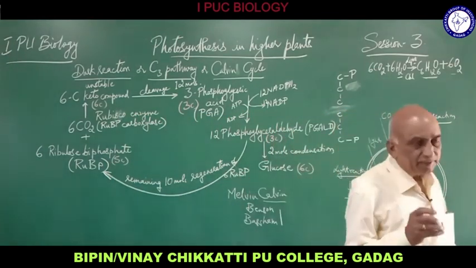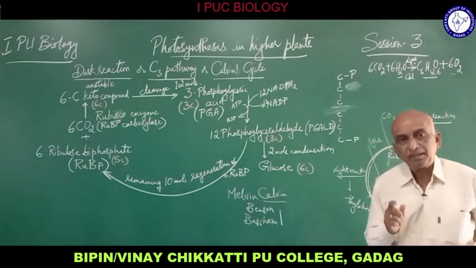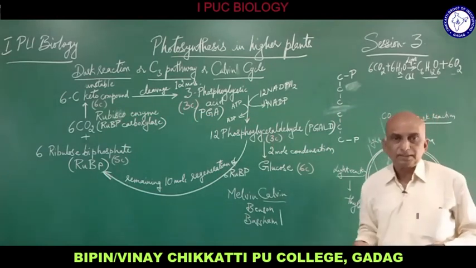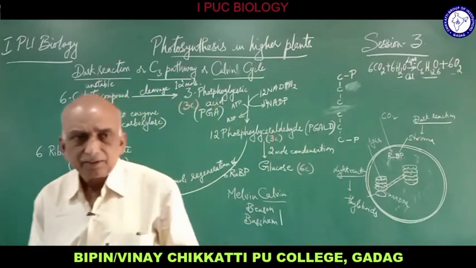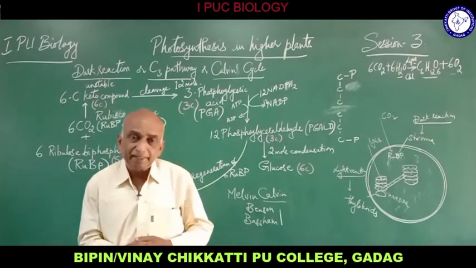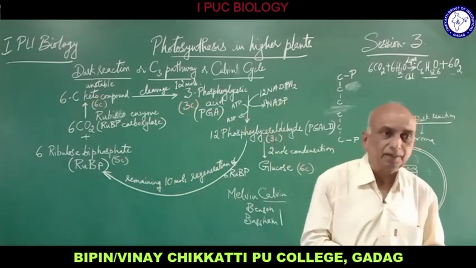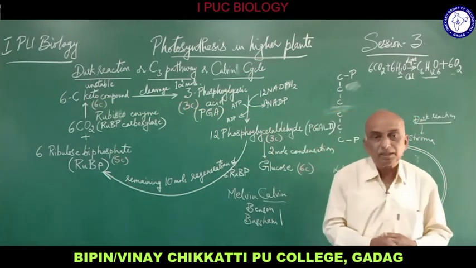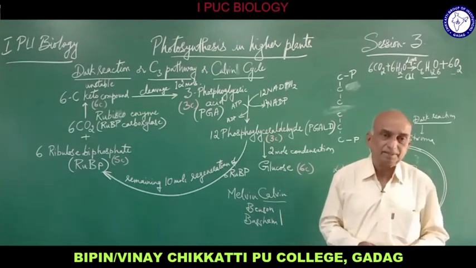So photosynthesis takes place in two steps: light reaction and dark reaction. This occurs in all plants. But in bacteria, photosynthesis is somewhat different. There the splitting of water is not taking place.